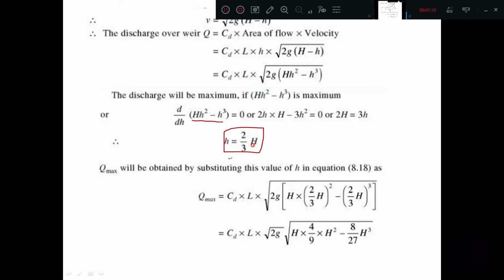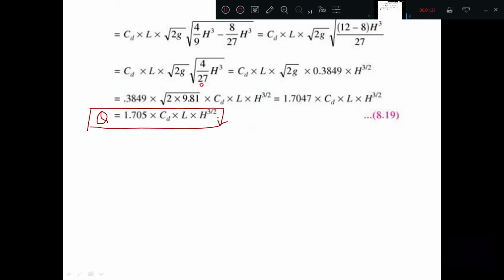If it is 2 by 3 times the capital H, then the discharge will be maximum. If we substitute this value in the above equation, we get the final result. Here this is the simplification. Please go through this, write it down and check the answer.